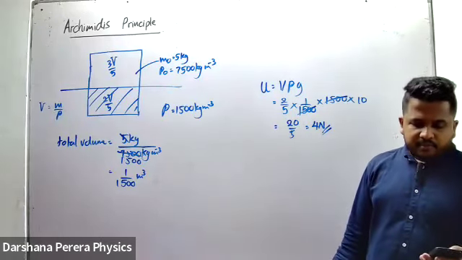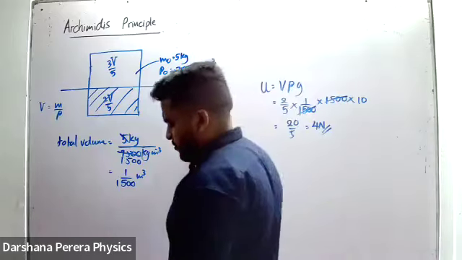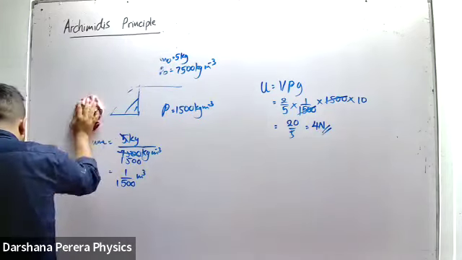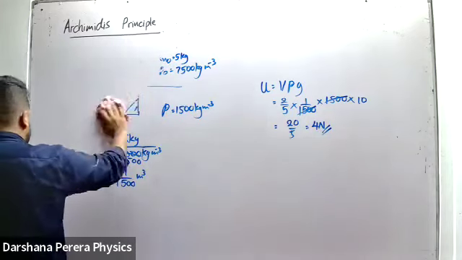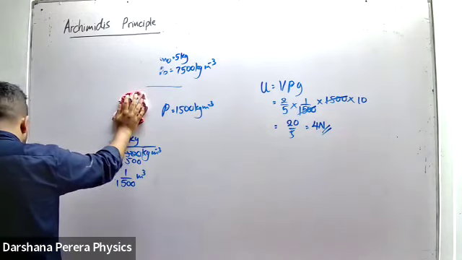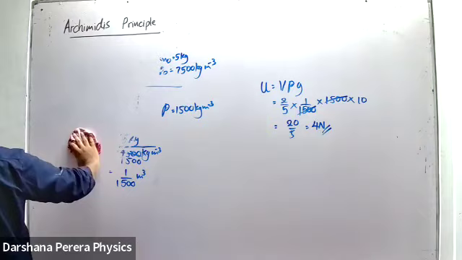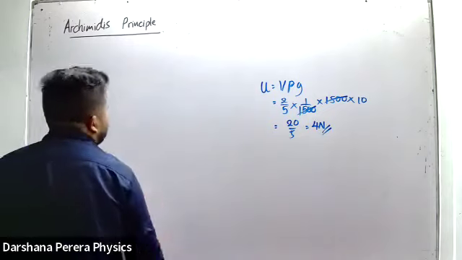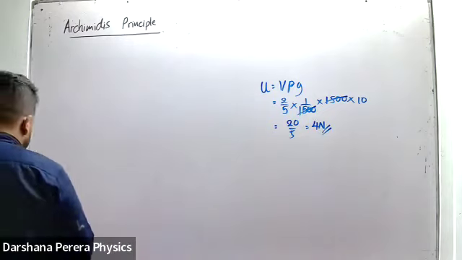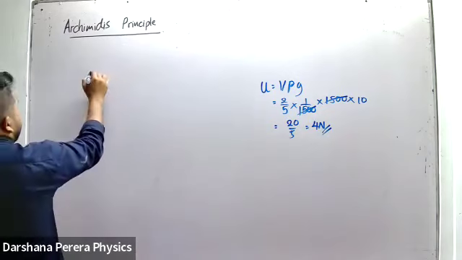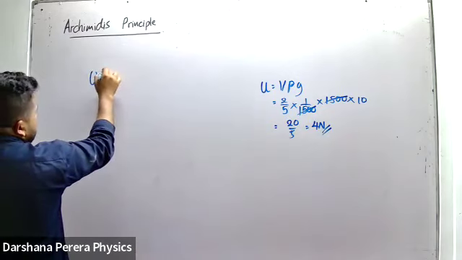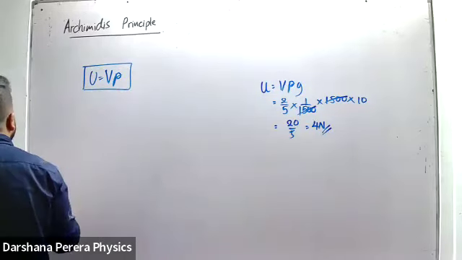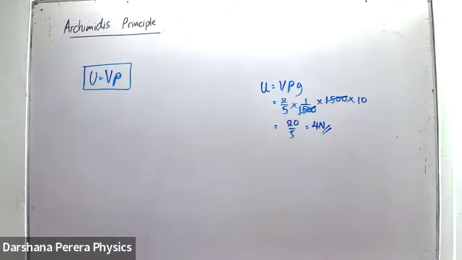I think it's clear. So write down, if we want to take upthrust in kilograms, it can be taken as U equals 0.